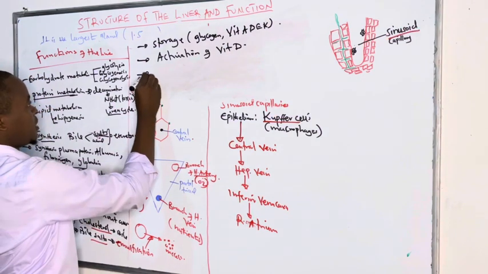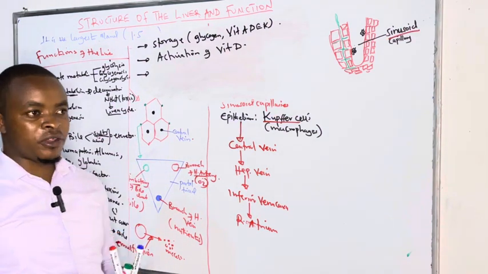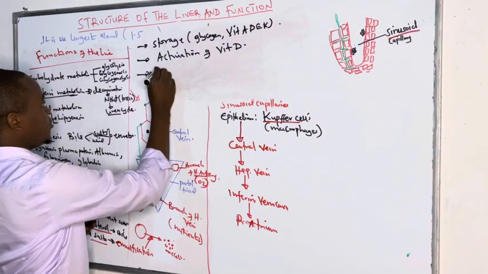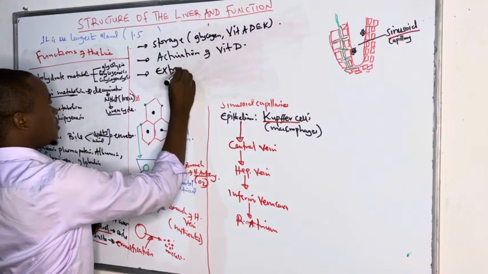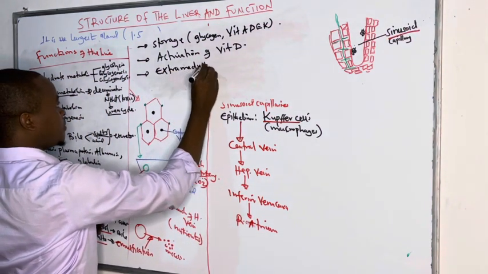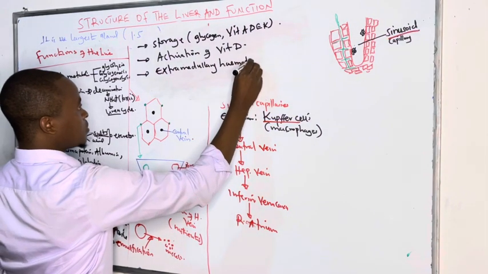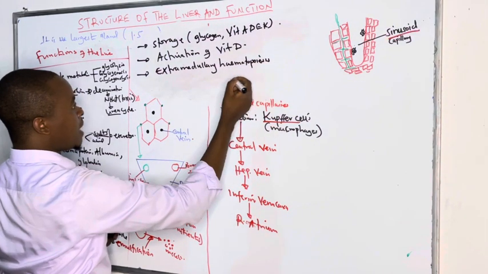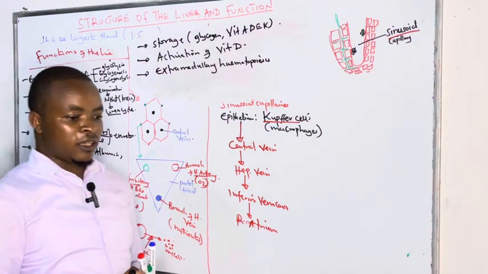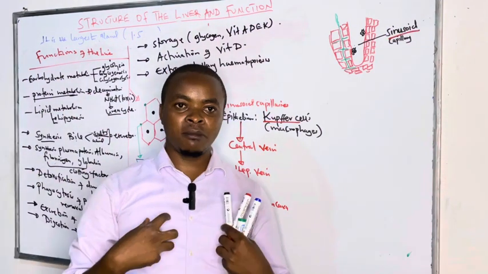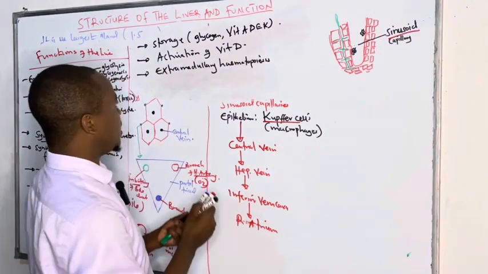And finally, this liver, we see it carrying a big role of extramedullary hematopoiesis, whereby this liver in the fetus, when the embryo is still in the womb, we see it carrying out hematopoiesis or formation of blood.